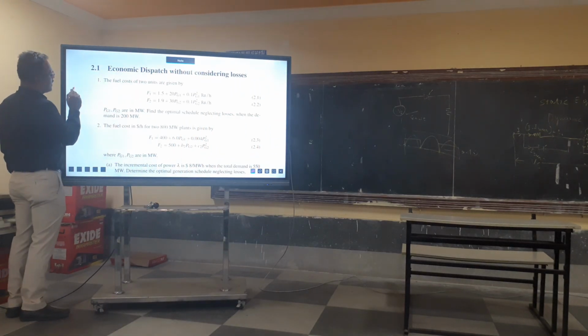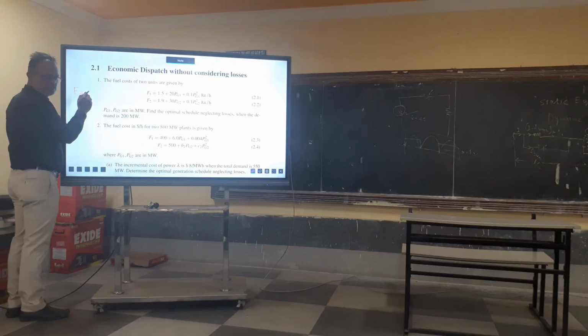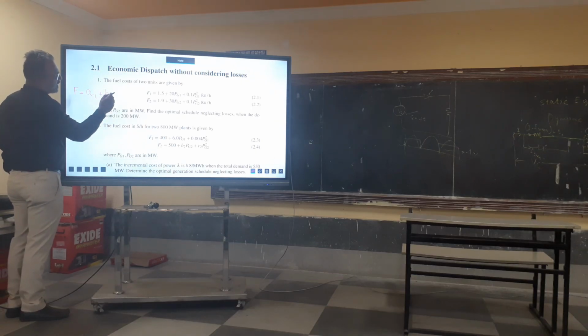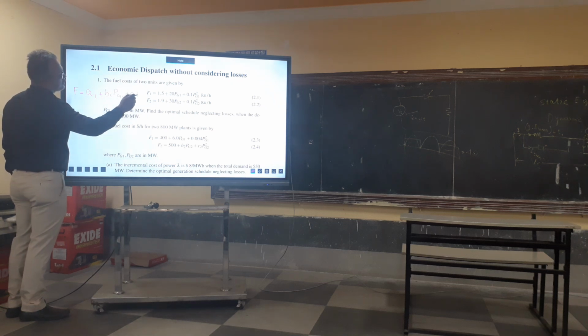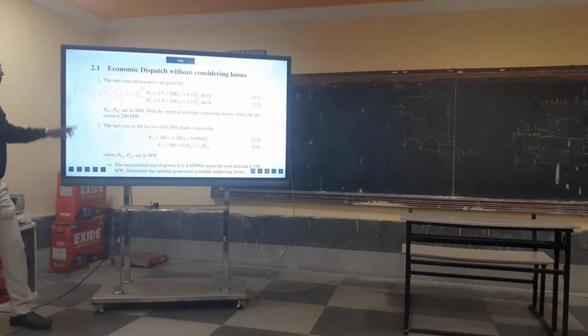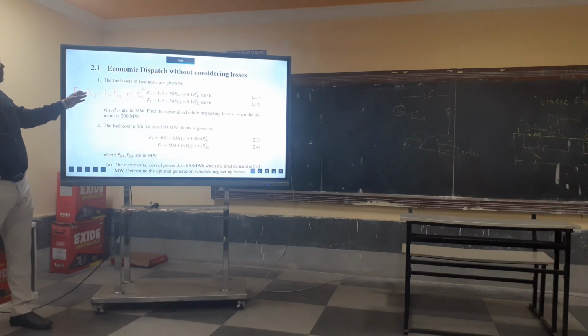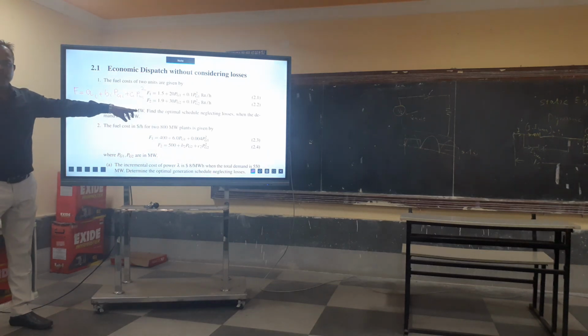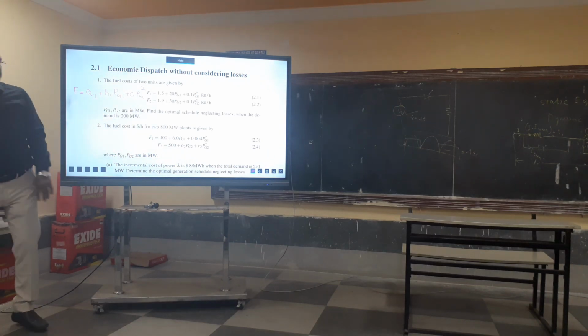The quadratic equation F is equal to Ai plus Bi PGi plus Ci PGi square. Sometimes the equation is given in another form, like Ci plus Bi PGi plus Ci PGi square. So accordingly you have to take the coefficients.